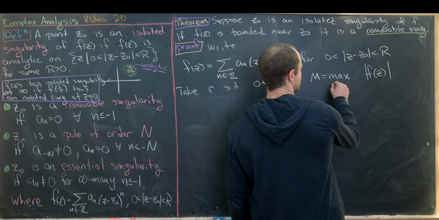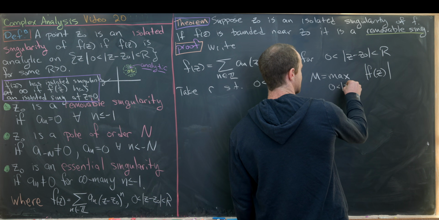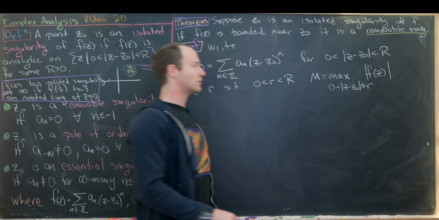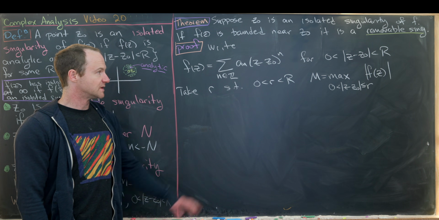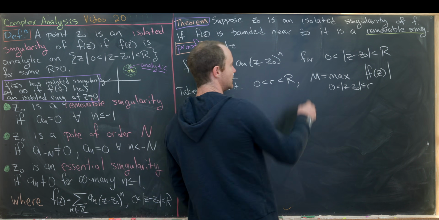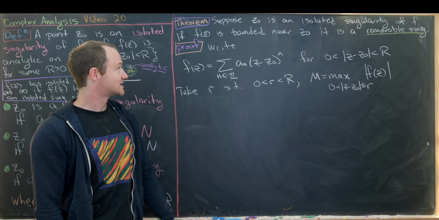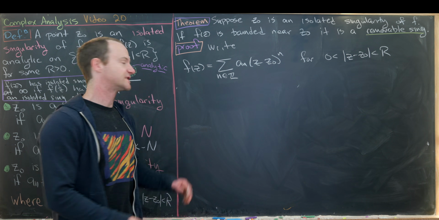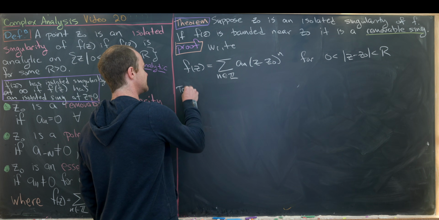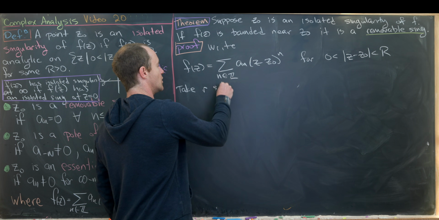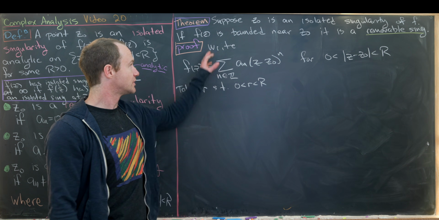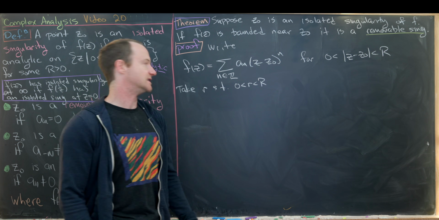Next we're going to take some little r between 0 and big R. We'll use the fact that f of z is bounded near z0.